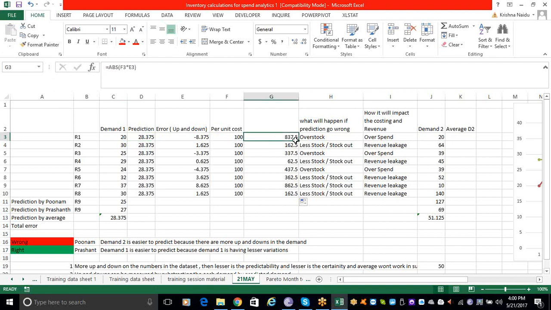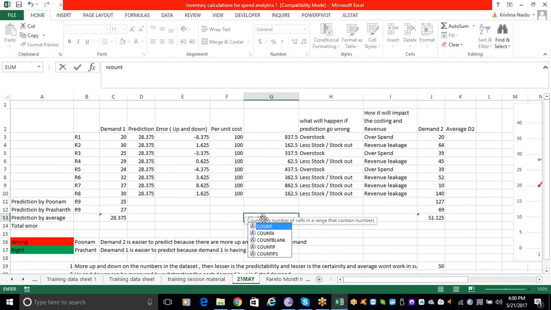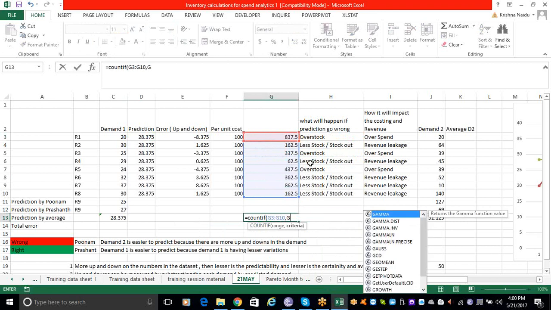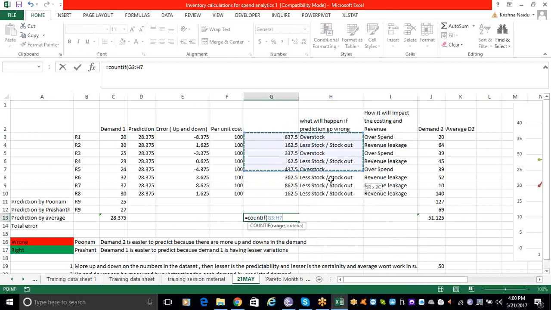Okay. So let's use COUNTIF, the formula COUNTIF, with the range as this and the condition as overstock.